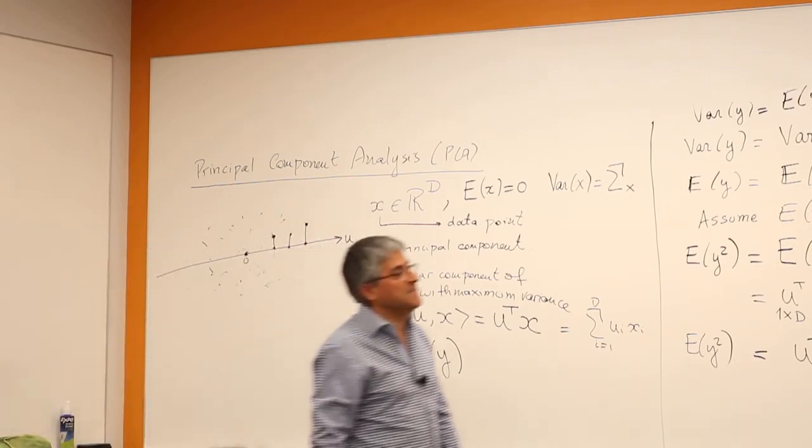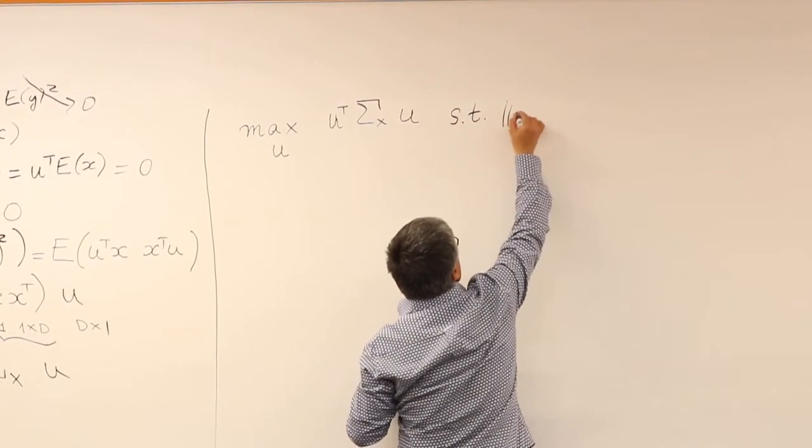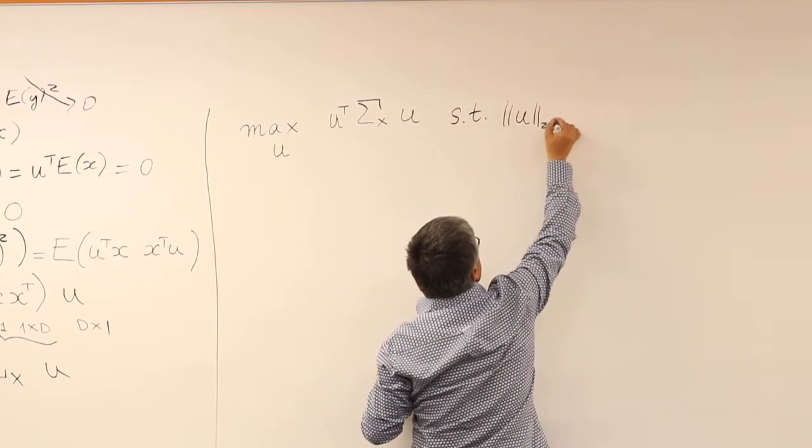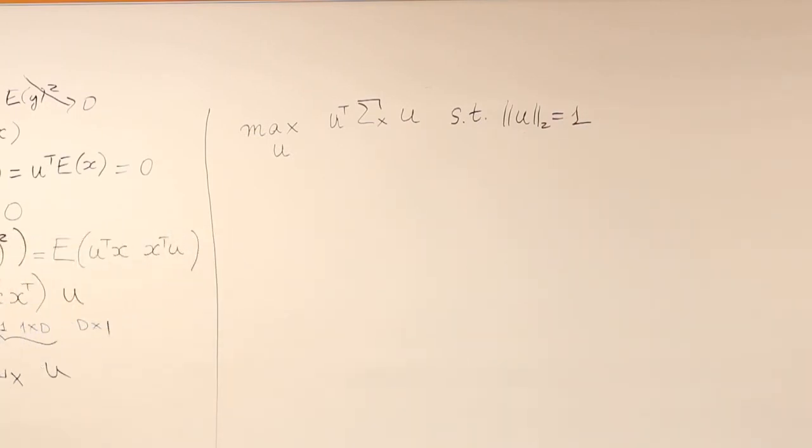So I need to maximize this, but subject to the fact that u is unit norm. I need to fix it as a direction. It cannot go unbounded. It cannot go to infinity. So that's where I put my constraint.